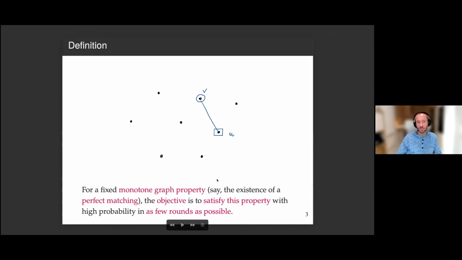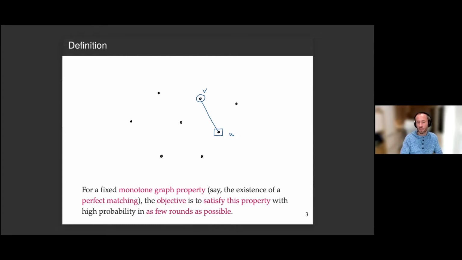The objective is to guide the process in such a way that you get your desired property as quickly as possible. Think about perfect matchings for the time being.